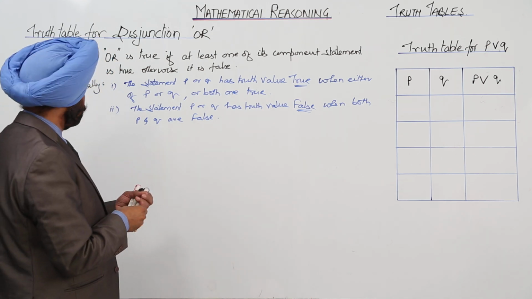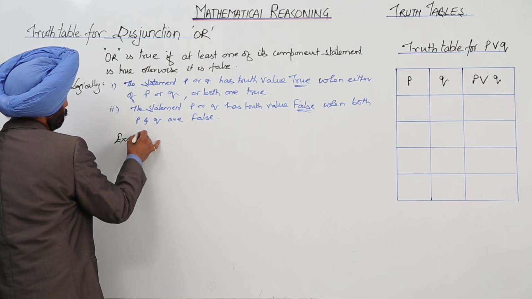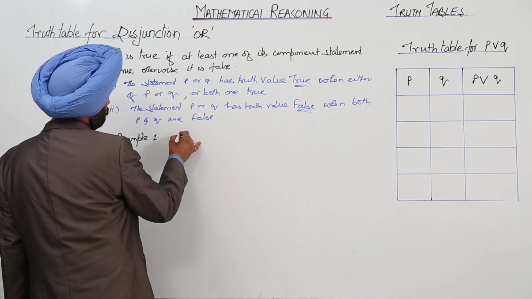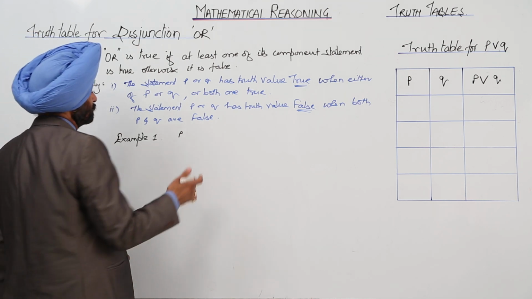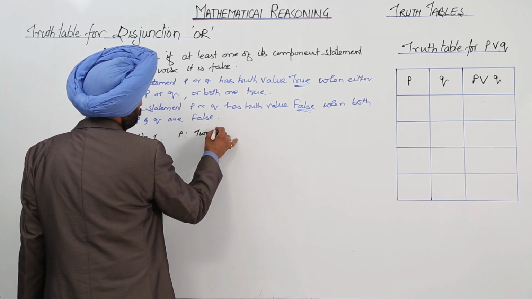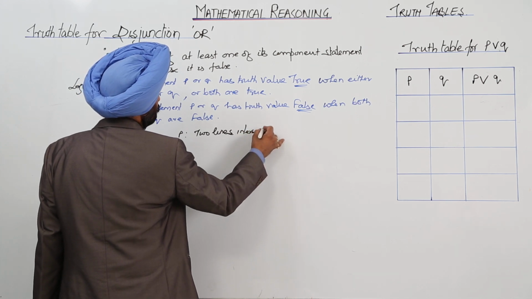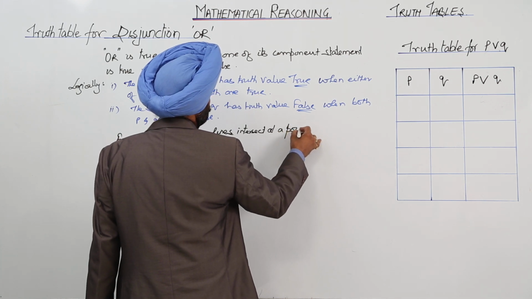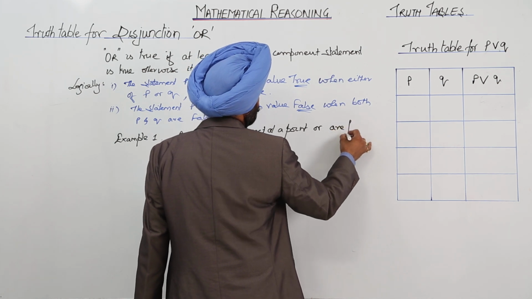Now let's go for an example. Example 1. Now let this be statement P and then we are breaking it into two simple statements. Now the compound statement P: two lines intersect at a point or are parallel.